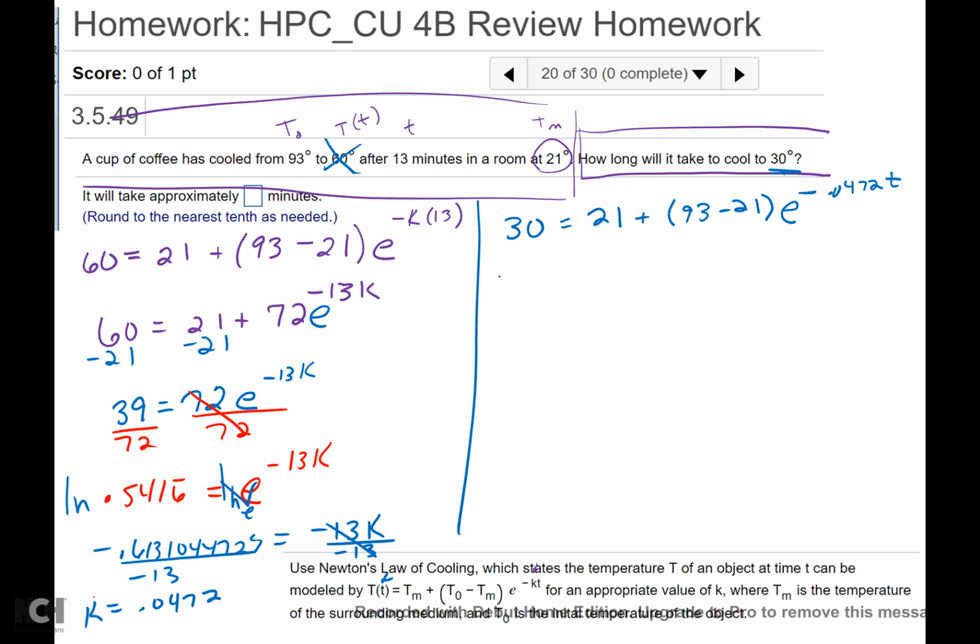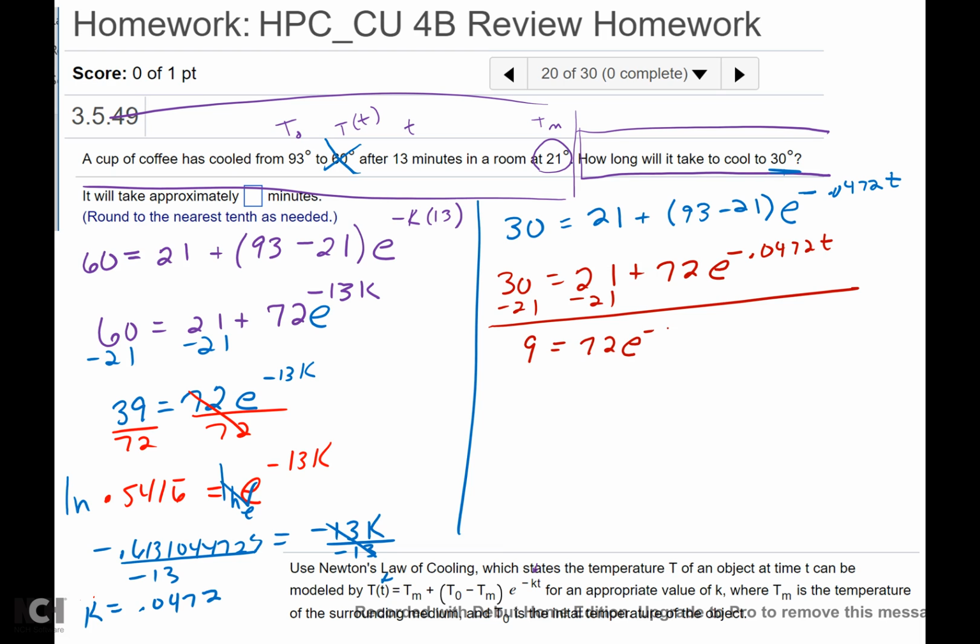Same thing here. We're going to have 30 equals 21 plus 72e to the negative 0.0472t. Subtract 21. I get 9 equals 72e to the negative 0.0472t.